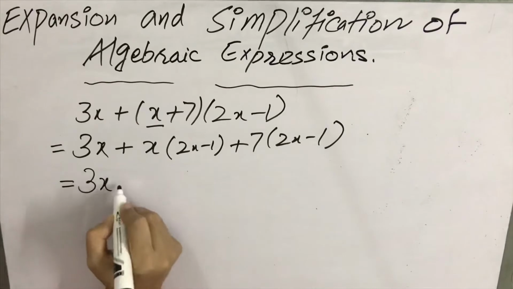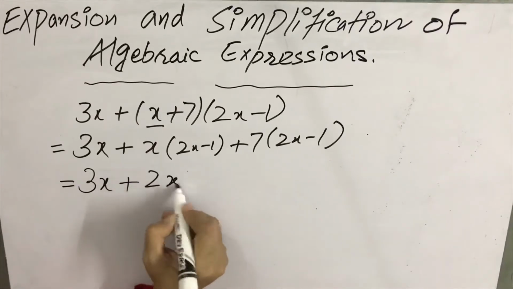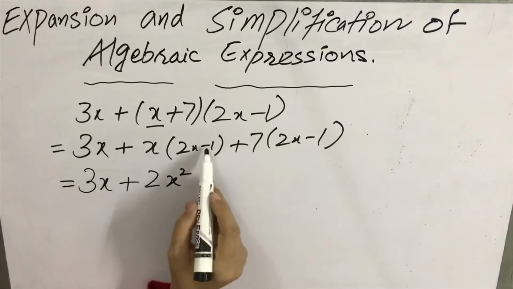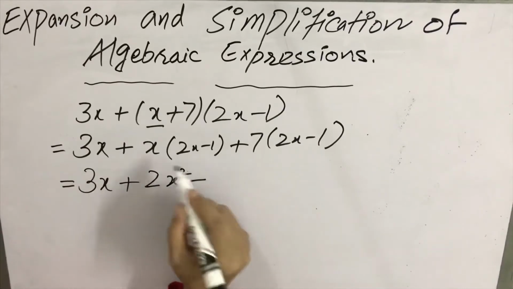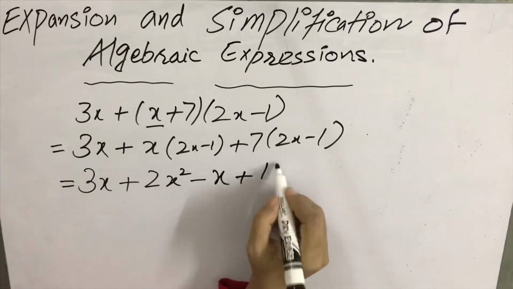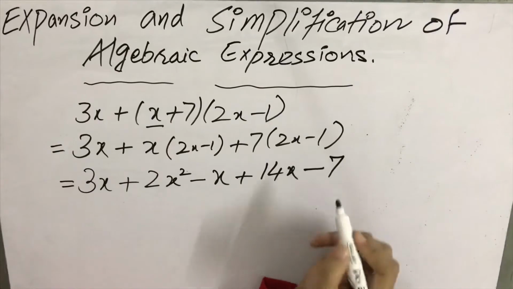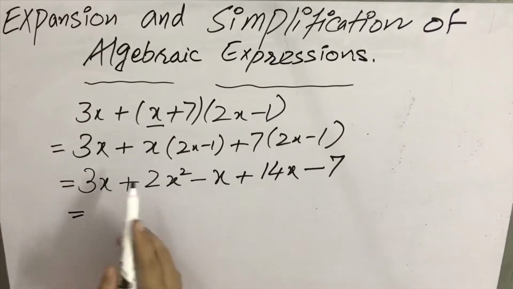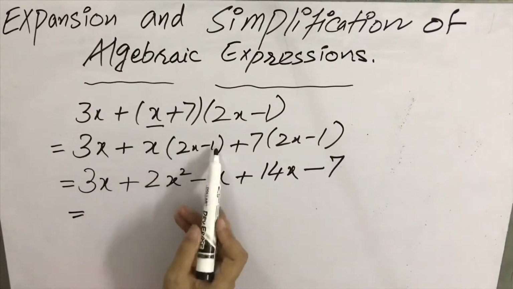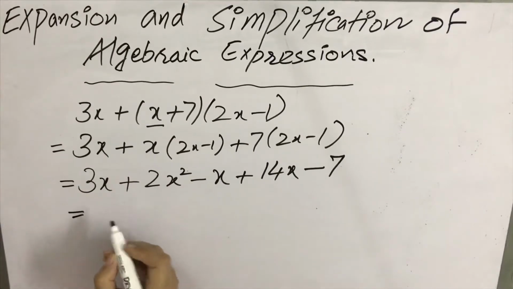Okay, 3x plus x multiplied 2x square, plus and minus, you will have minus sign. X multiplied 1 is x, plus 7 2s are 14x, plus minus 7 1s are 7. You have expanded. Multiply this x with these two, 7 with these two. Now we are going to simplify.